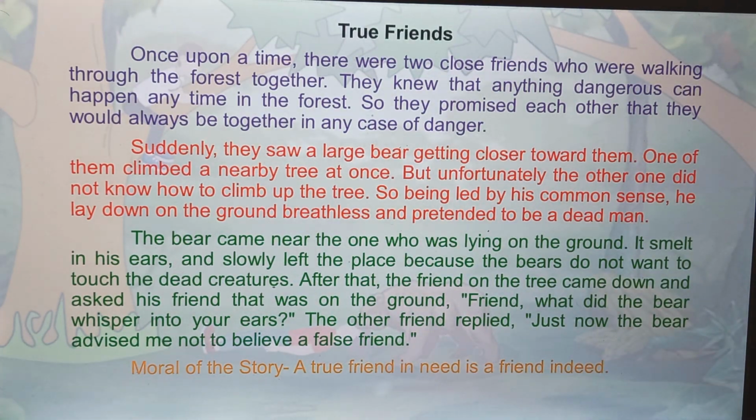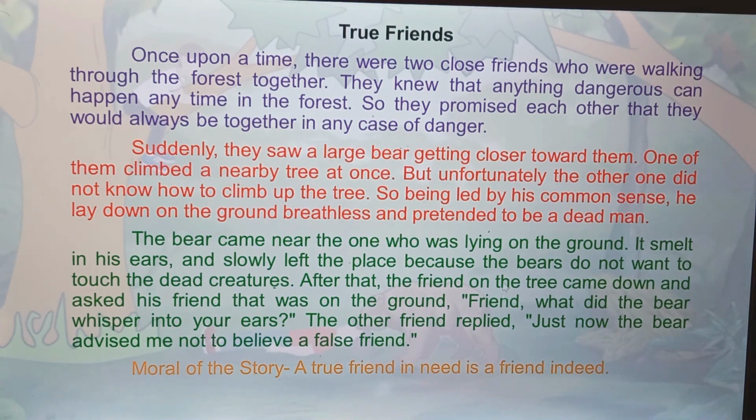I will try to read this, but before that I will show you the parts of the text. Okay, the purple one is orientation, the red one is complication, and the green one is resolution, and this one reorientation.